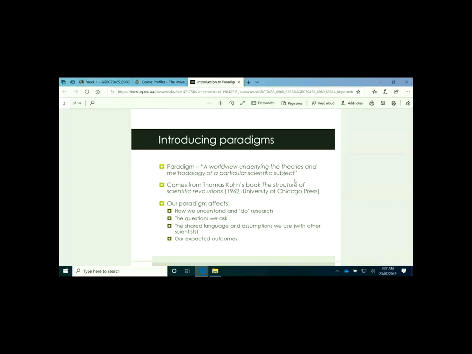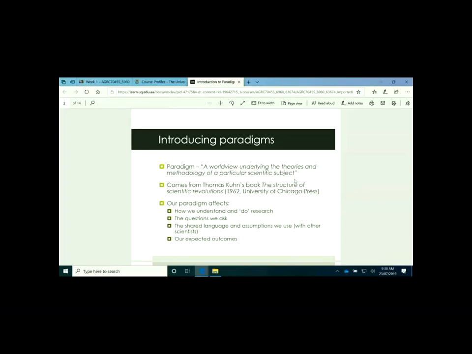It affects how we understand what good research is, and the way we do research, so the methodologies that we apply. It also affects the types of questions that we ask, the sort of language that we use as researchers within a discipline, and the underlying assumptions that we make in doing research.